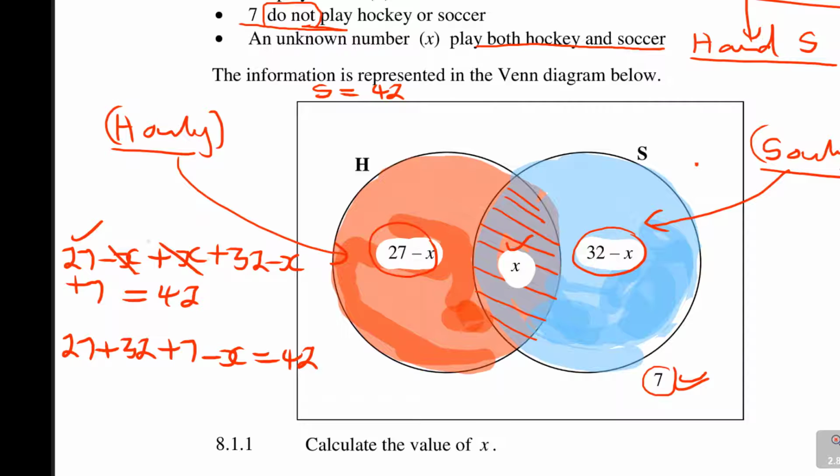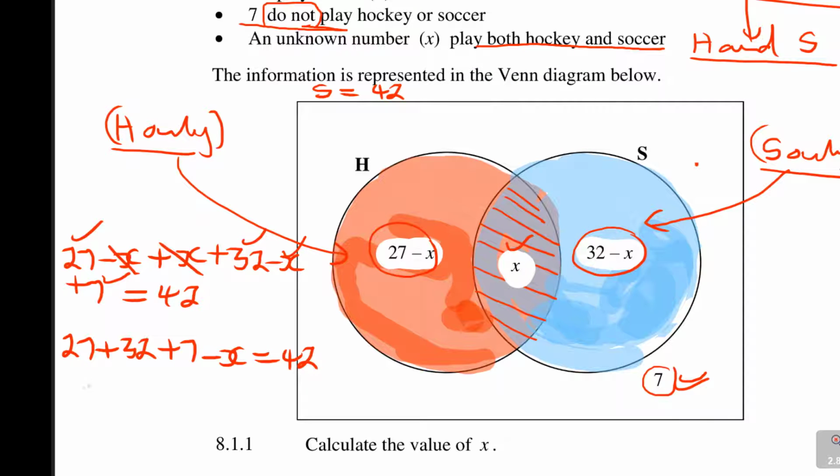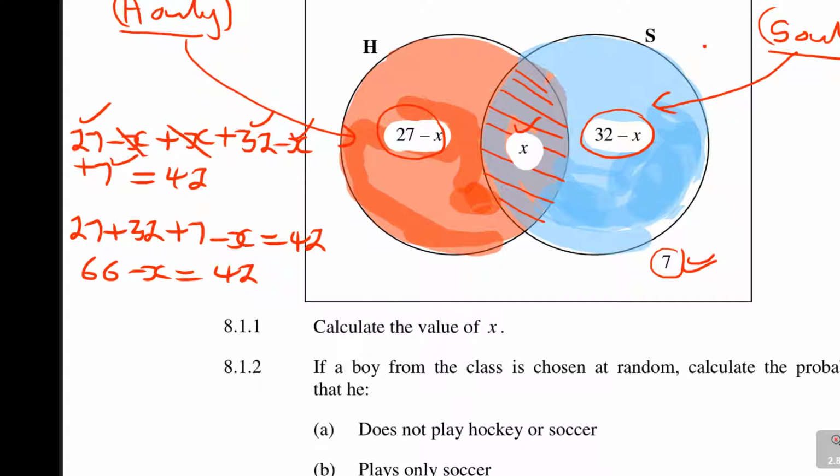So I've got 27 plus 32 plus 7, these are the numbers, and then minus X. If you add the 27 plus 32 plus 7, it's giving me 66. So if I say here 66 minus X, it gives me 42. Now the question is, I must find the value of X.